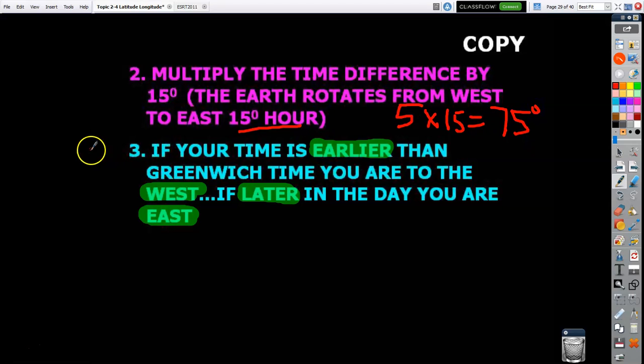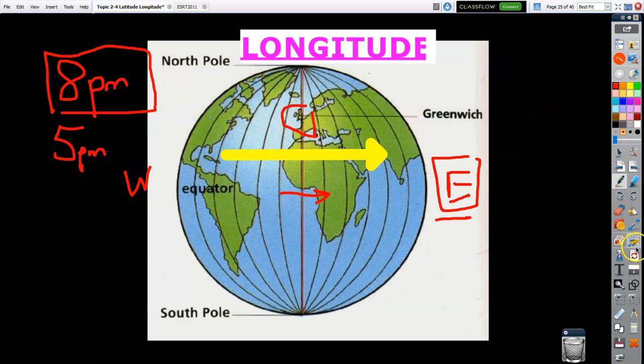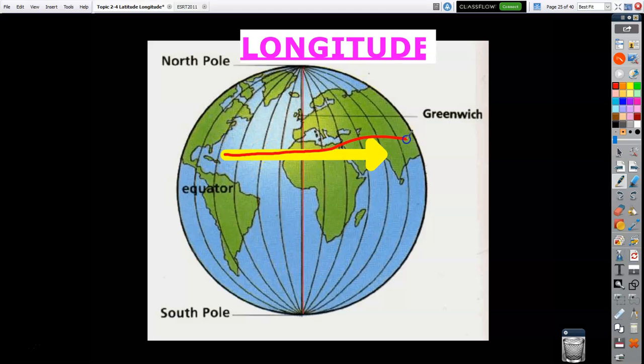Now, the third step is probably the trickiest, and that's why I was referring back to that. Let me go back. This whole west to east thing. Because we rotate toward the east, right? This is east over here, and this is west over here. East, again, is always later in the day. If you are later in the day than England, you are to the east.